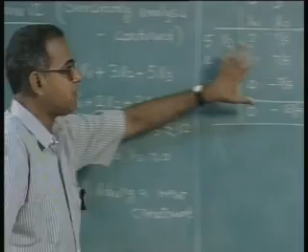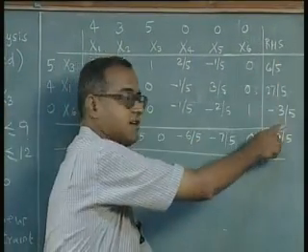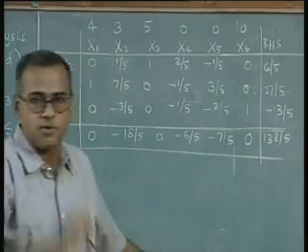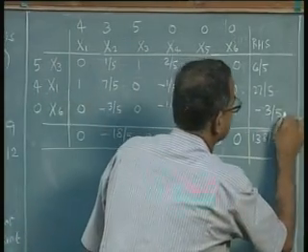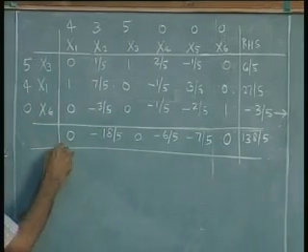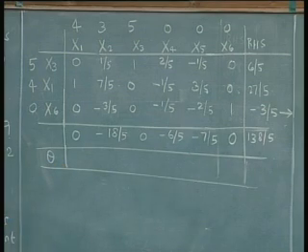Now with this we perform a dual simplex iteration because the feasibility condition is affected, while the optimality condition remains intact. So variable x6 leaves the basis, and we need to find an entering variable using theta.